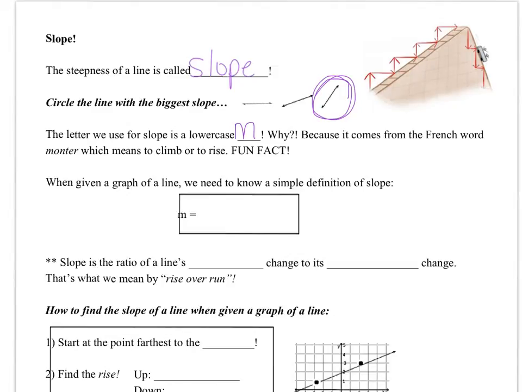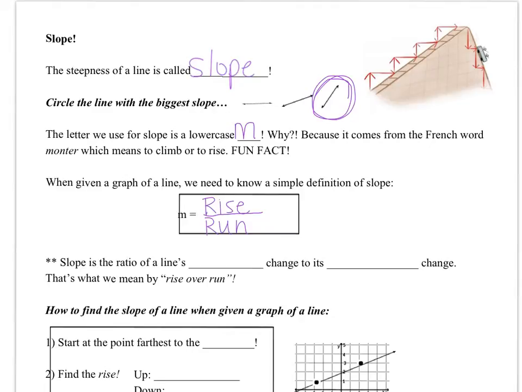All right, so now when given a graph of a line, we need to know a simple definition of slope. We talked about this in class. They are two R words. Can you remember what the first one is? The first one is rise. And the second word is run.